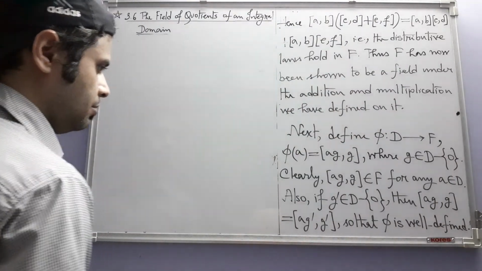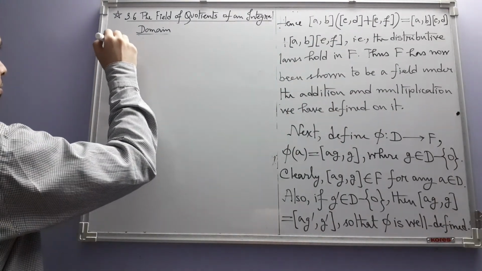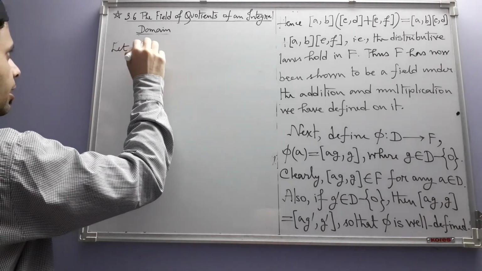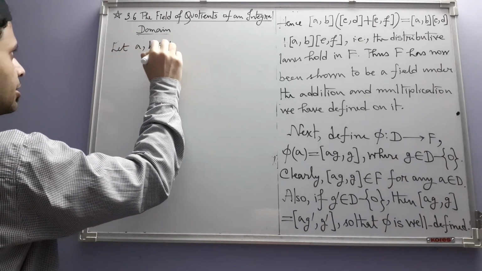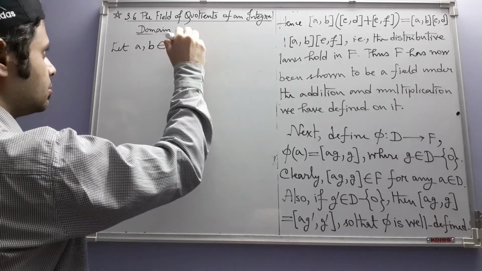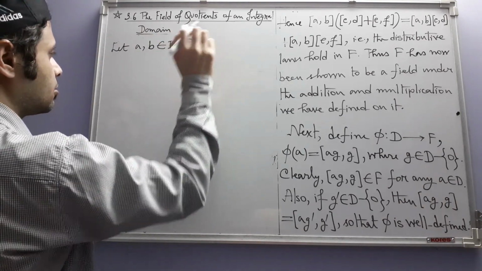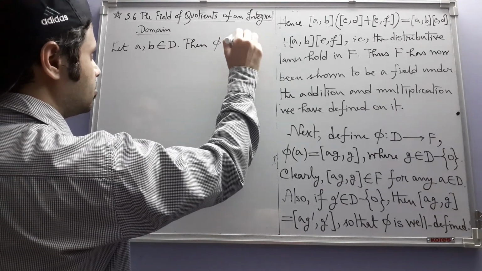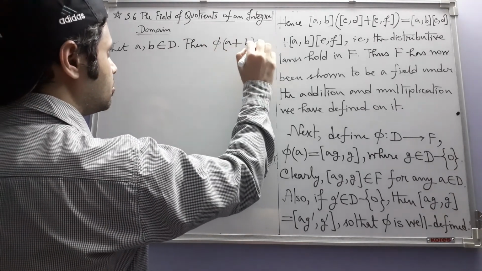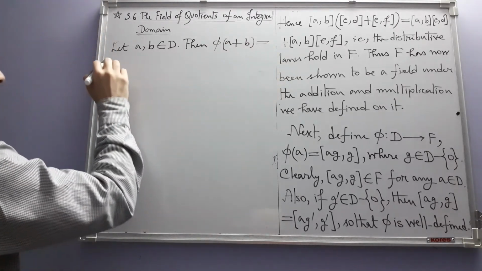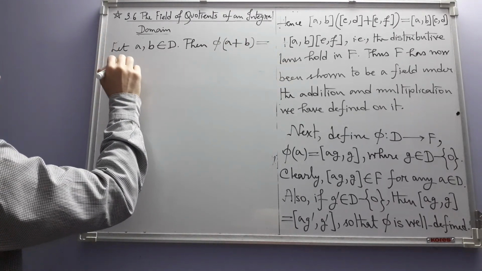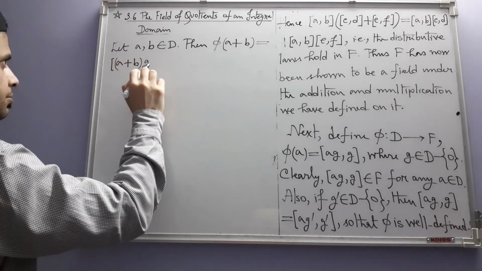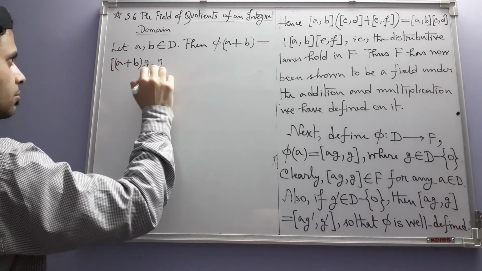Okay. Let a and b be any two elements in D. Then phi of (a plus b) is equal to, according to our definition, ((a plus b) times g, g).